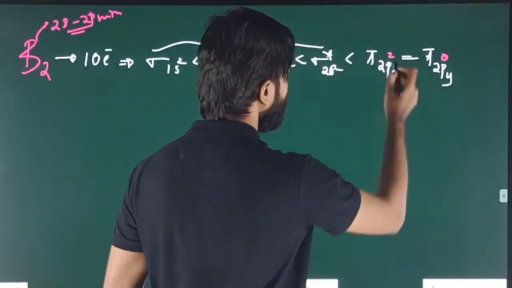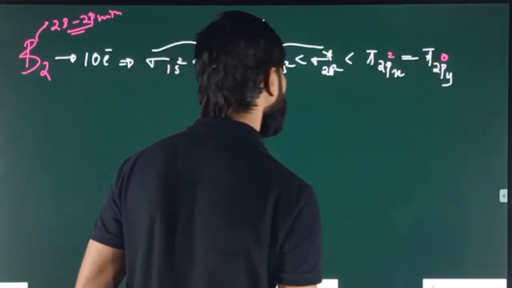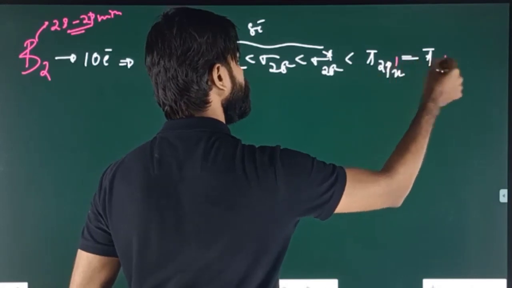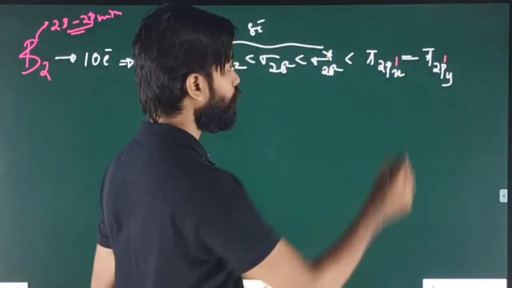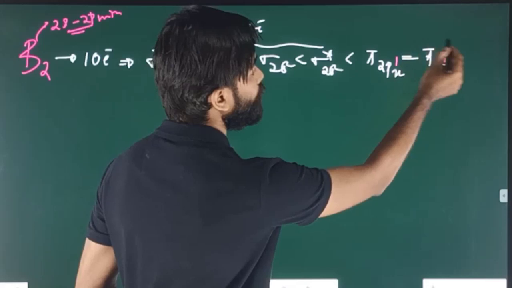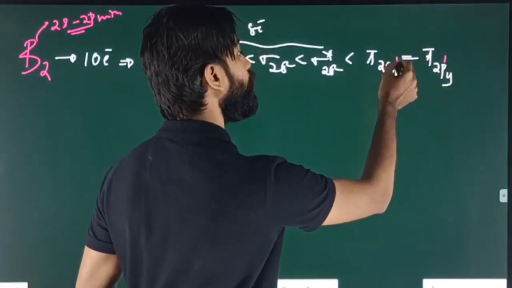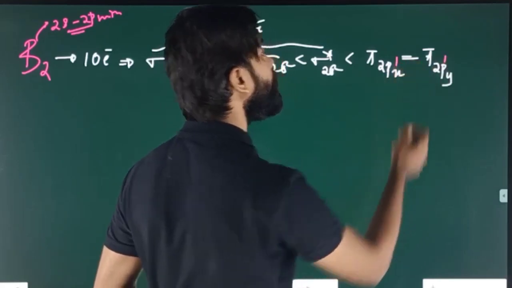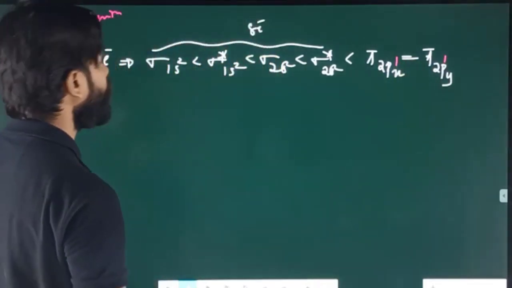Ready? Fine. So you have to configure this like this. First electron for the first, second for the next. If there is a third electron, you can pair here, because if the degenerate orbital is half filled, you can pair the first one. So this is the molecule.